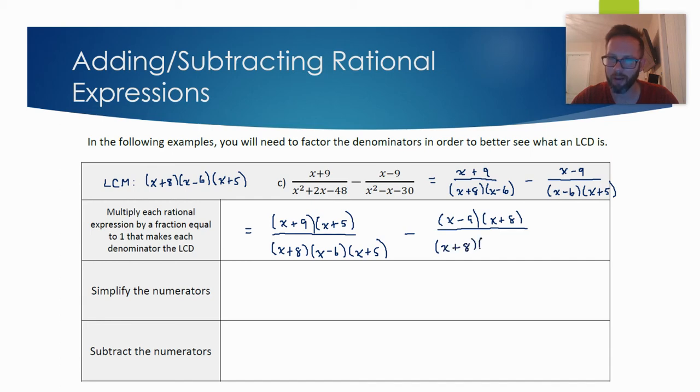I didn't last time, but I'm just going to put the x plus 8 there. It doesn't matter where you put it. It's multiplication, right? And then the process is the same from here on out. You simplify the top. You see if you can collect any like terms. We generally don't expand the bottom, nor would I expect you to expand 3 binomials. That would kind of suck. So x squared, 9 and 5, plus 14x, plus 45.